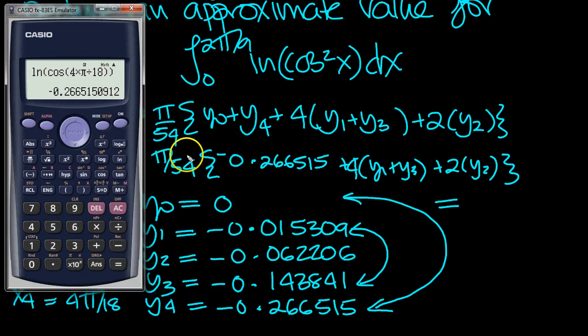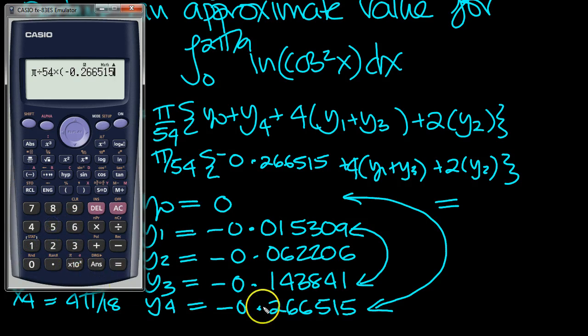So we've got pi divided by 54 times brackets y0 plus y4. So 0 plus this is simply minus 0.266515.